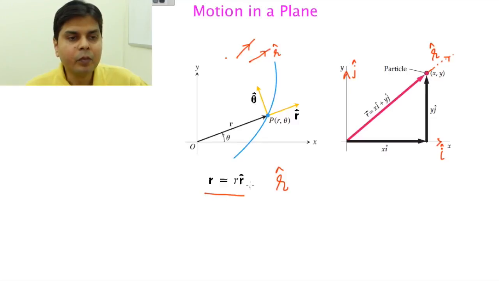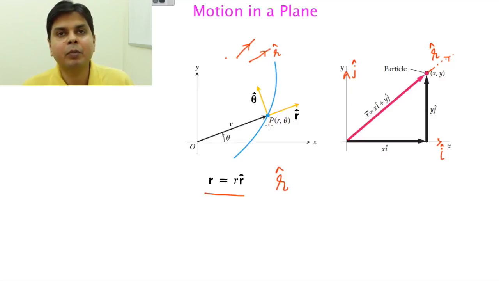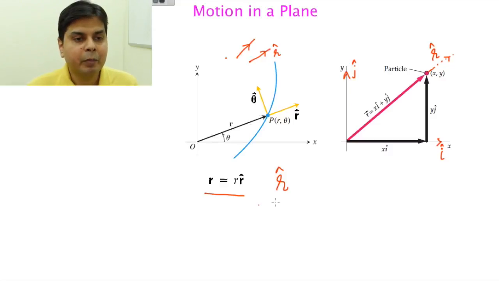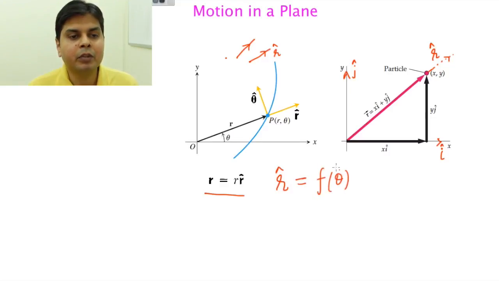Now this position vector depends upon r and also upon theta. So don't be confused about how I can describe the position of a particle in 2 dimensions using only one notation r. This r denotes the length of this vector, the magnitude of the position vector, but this r cap is a function of theta.